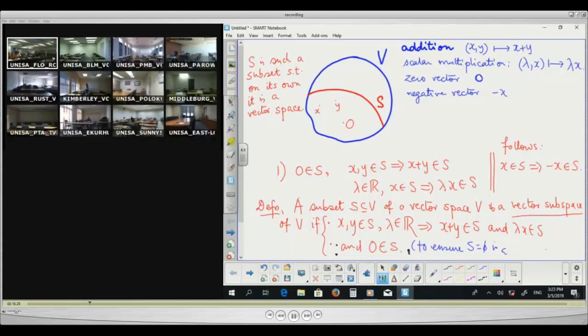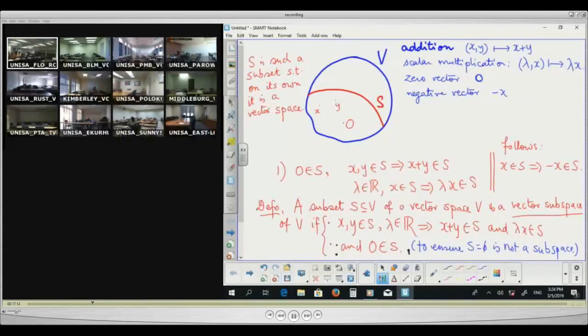So this part is very vital. It's just to ensure that the subset is not empty. If you start off with a non-empty subset, then just stating this first condition is enough. Okay? But the non-emptiness is something which has to be ensured. Clear? So this is the definition of a vector subspace. Alright? Is this definition clear now? All clear?